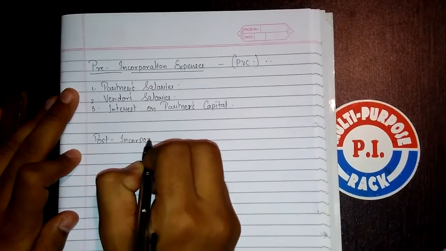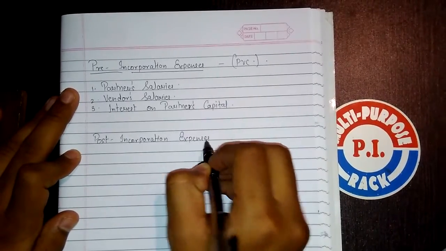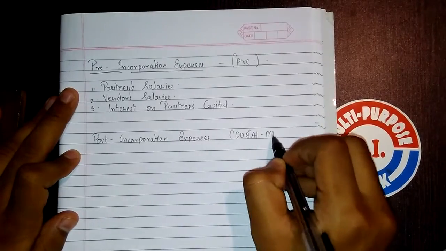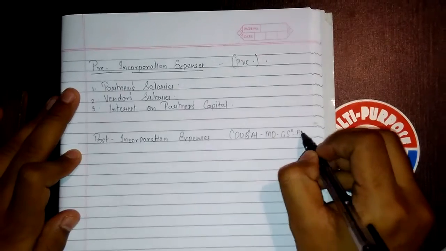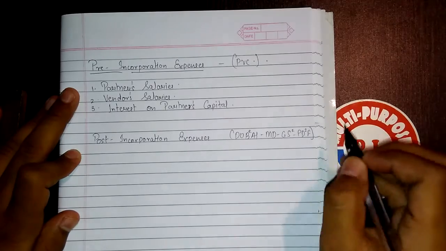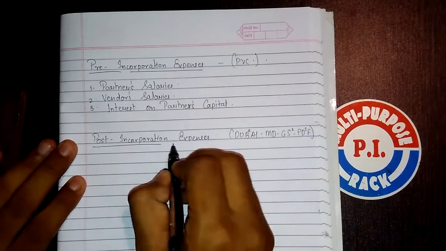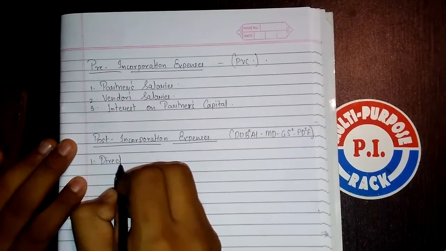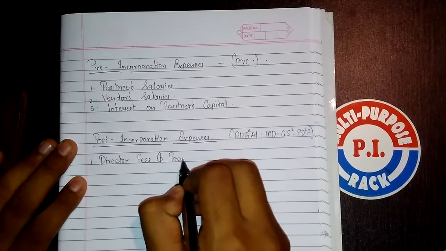post-incorporation expenses. The acronym is DUBAI MDG's PDF. Okay, so this is the acronym. Let's start with the expenses under this head. First is director fees and traveling expenses.